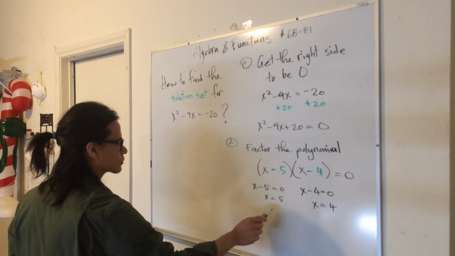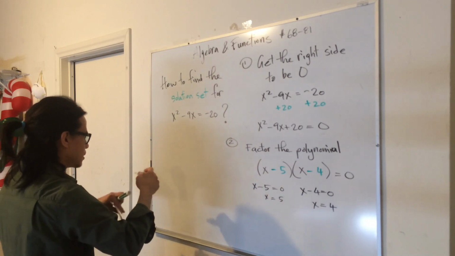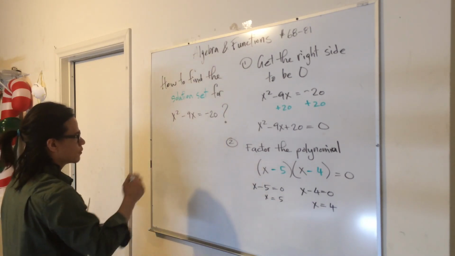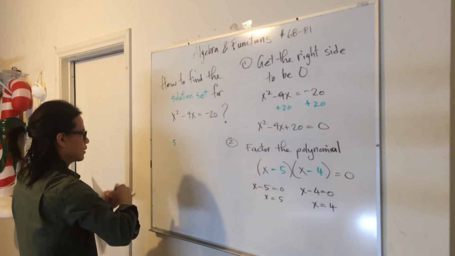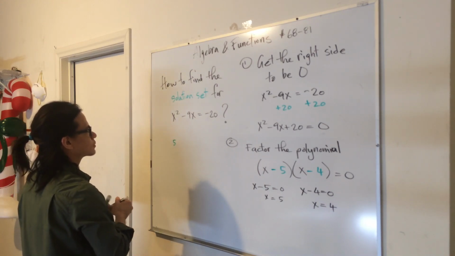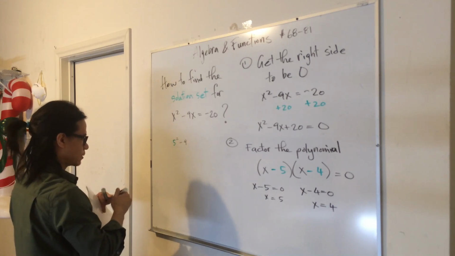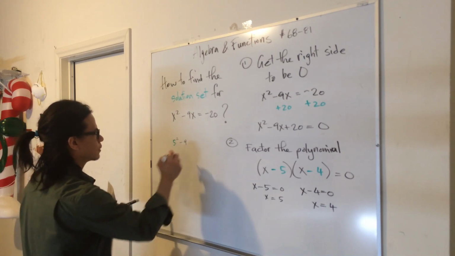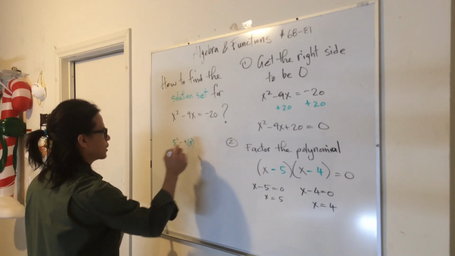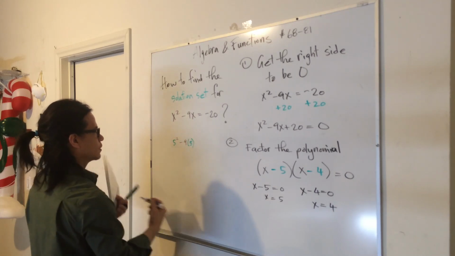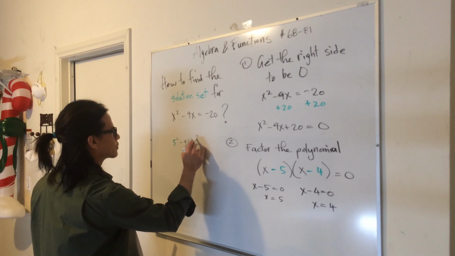Okay? 5 and 4. So I can plug it in. 5 squared minus 9 times 5, would it equal negative 20?